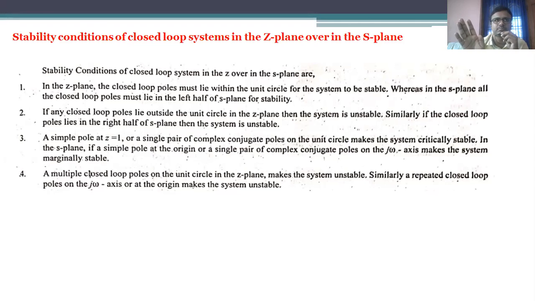And the fourth condition is if you consider multiple poles, that means more than one pole, on the unit circle, then that system is treated as unstable. Regarding the S plane, if you consider multiple poles on the j omega axis or at the origin, then that system is treated as an unstable system.